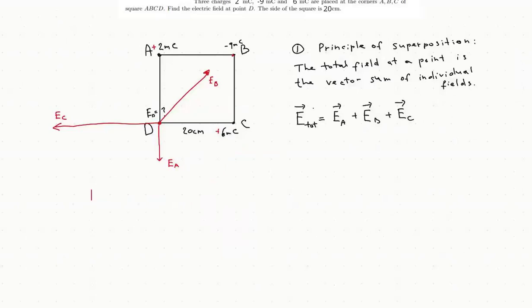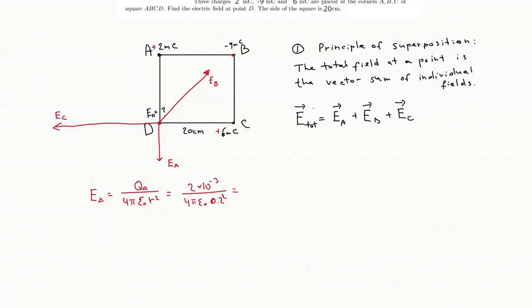So EA, we know it's the charge at A divided by 4 pi epsilon naught times r squared, where r is the distance. So QA is 2 times 10 to the minus 3 coulombs divided by 4 pi epsilon naught r squared, which is 0.2 squared. So let's calculate that.